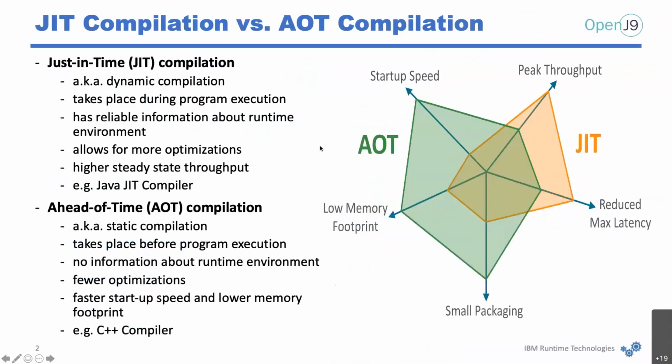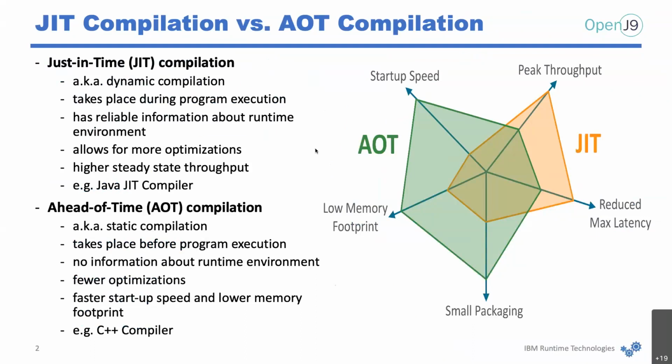So I'm going to start with introducing you to just-in-time compilation and ahead-of-time compilation, just in case anyone isn't familiar with them. JIT compilation takes place during the execution of programs. Some people also call this dynamic compilation.